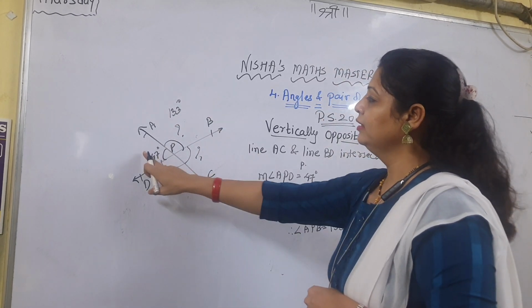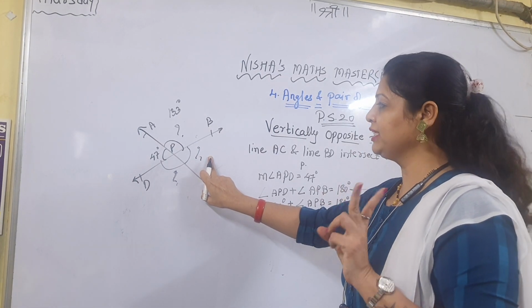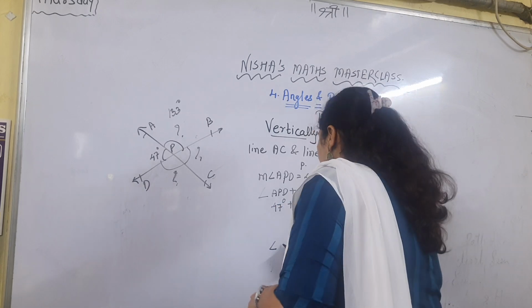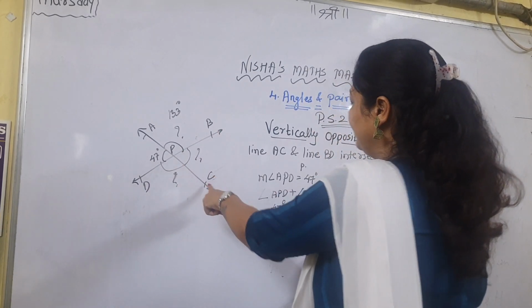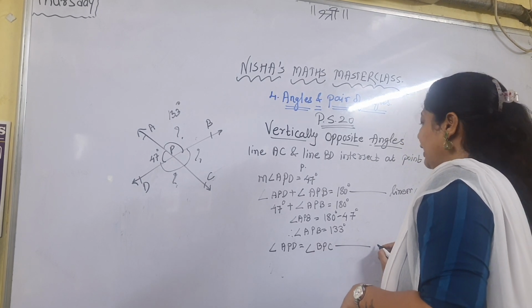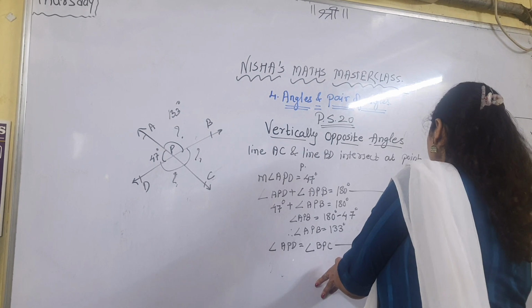Okay, now see, this angle and this angle both are vertically opposite angles, correct? So write down first angle APD is equal to angle BPC, and the reason we have to write is vertically opposite angle.